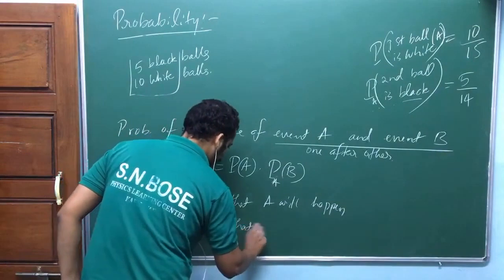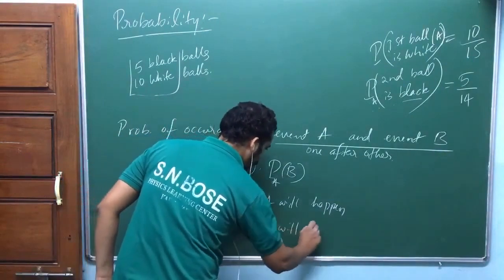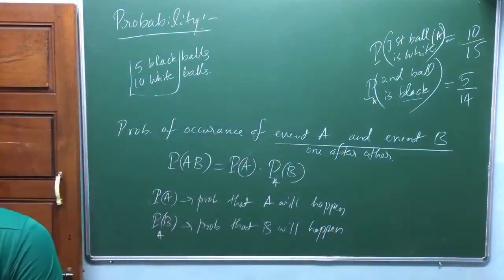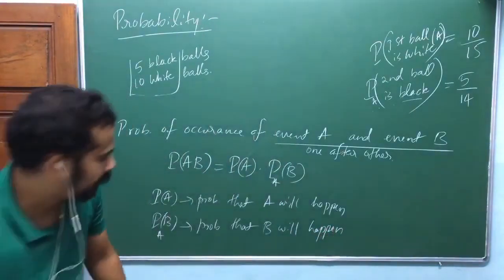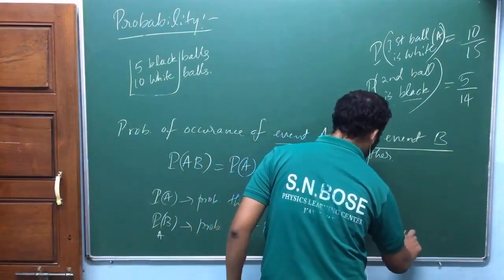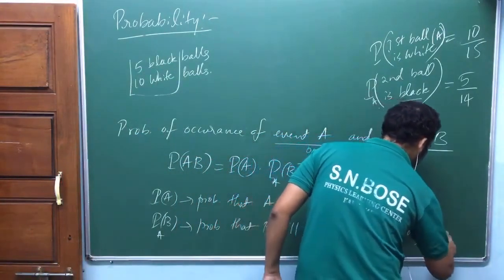Probability that B will happen if A already happened.